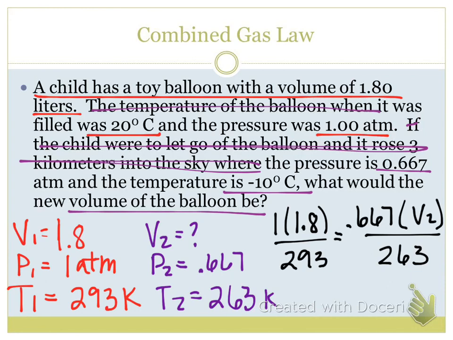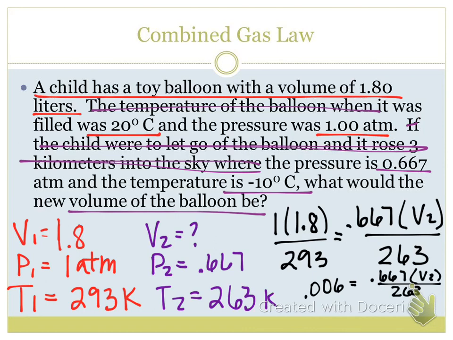Okay, we cross multiply and divide here. Or really more simply, I like to do this whole term first. I would multiply on the top, then divide by that bottom, because it doesn't have a variable on that side. You can still cross multiply and divide if you want, that's fine. Algebraically, you can do it however you want, but realistically, I would do the whole left side first. 1.8 divided by 293 would leave us with 0.006 equals 0.667 V2 over 263.